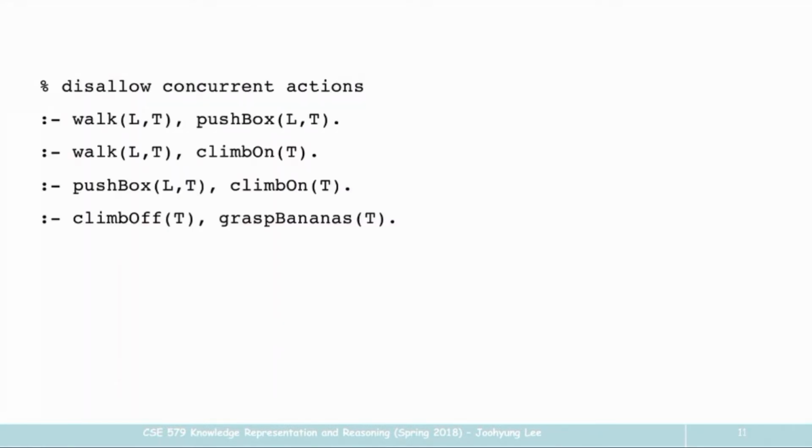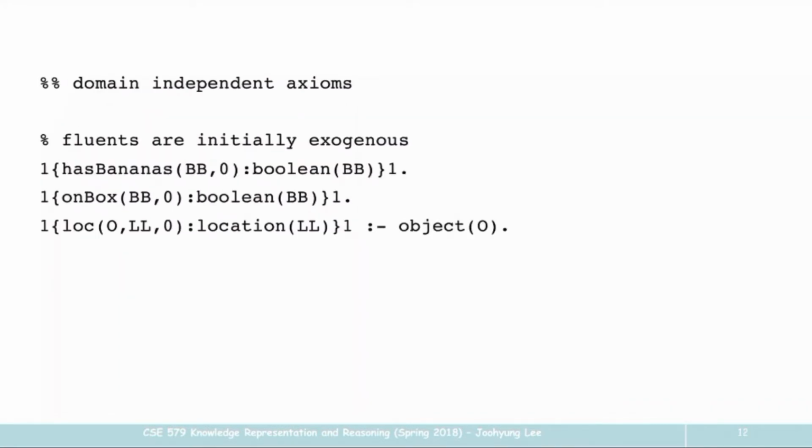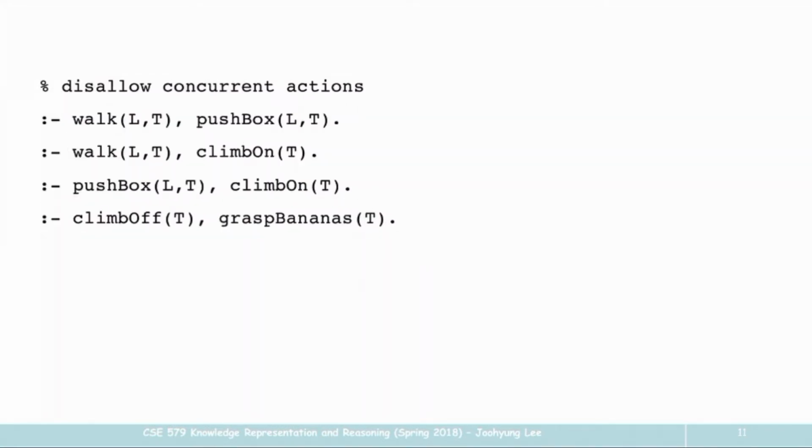There are some other things, and I'm going to quiz you in a moment, but here is the point. Some actions we disallow: walking to some location L while at the same time pushing the box to the same location L. When I use the variable L in the same rule, they refer to the same location L. If I use different L1, then it may be two different locations, though it could also be the same.